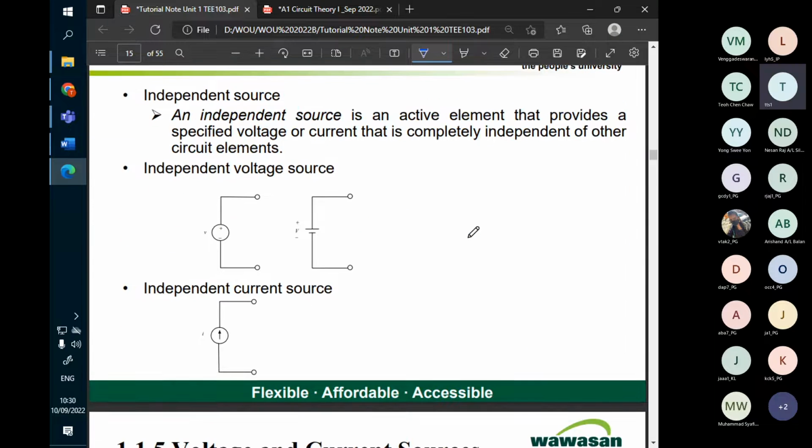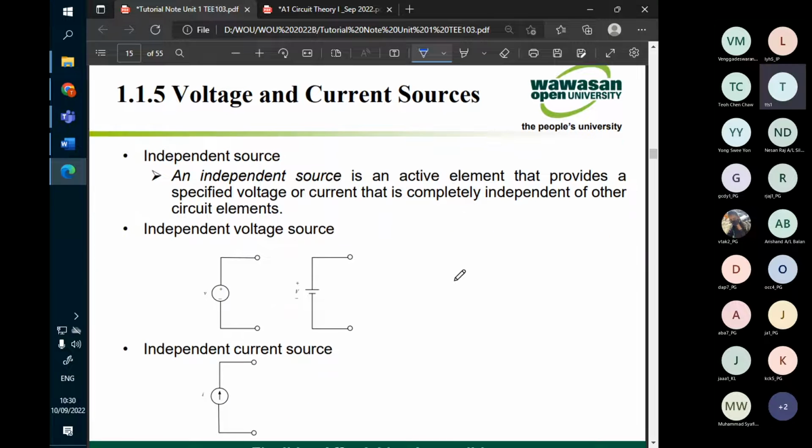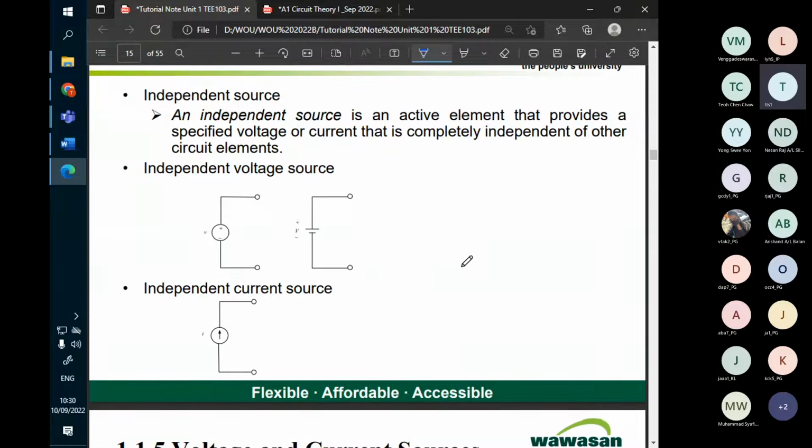Right now we are talking about dependent or independent sources. So we have an independent current source and an independent voltage source. Independent means they are not really related to each other, right?